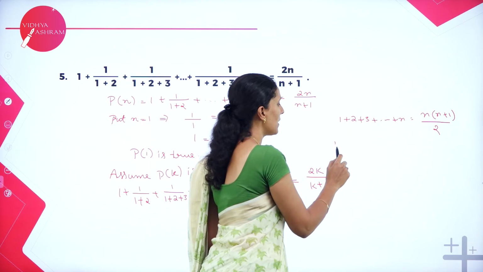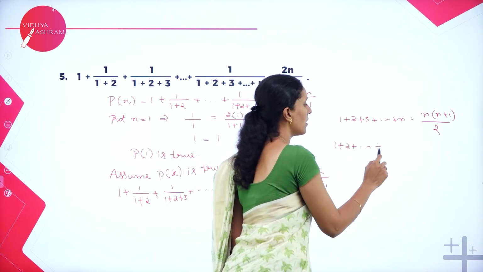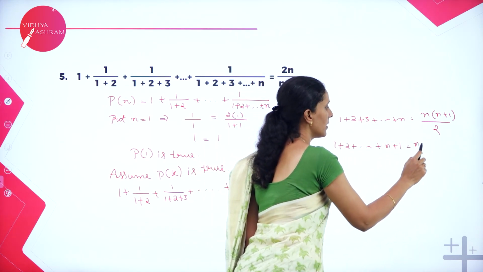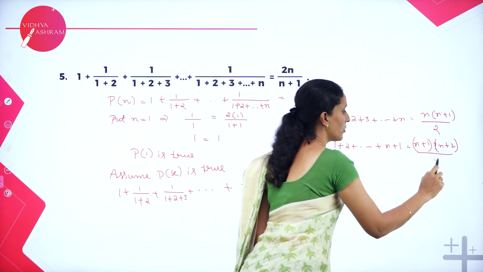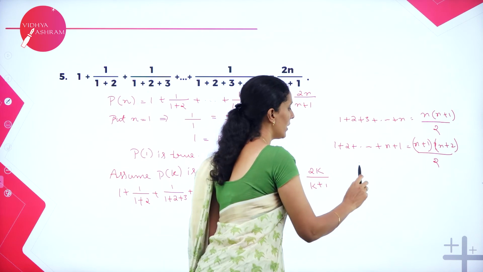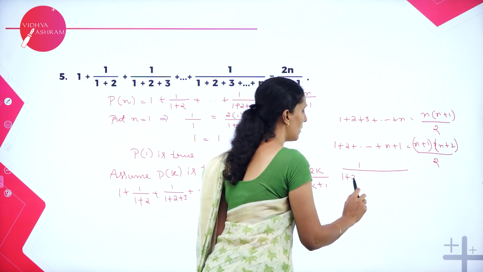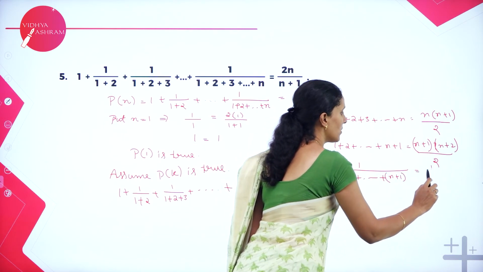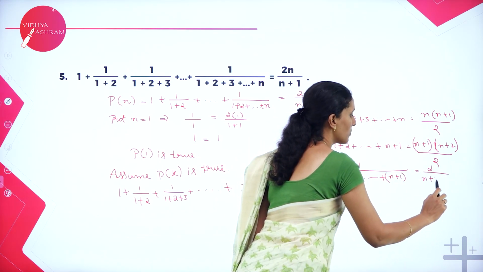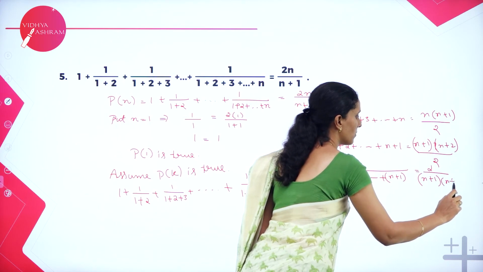So if it is n+1, then it is (n+1) into (n+2) divided by 2. If you take the reciprocal, it is 1 divided by (1+2+...+(n+1)), which is 2 divided by (n+1)(n+2).